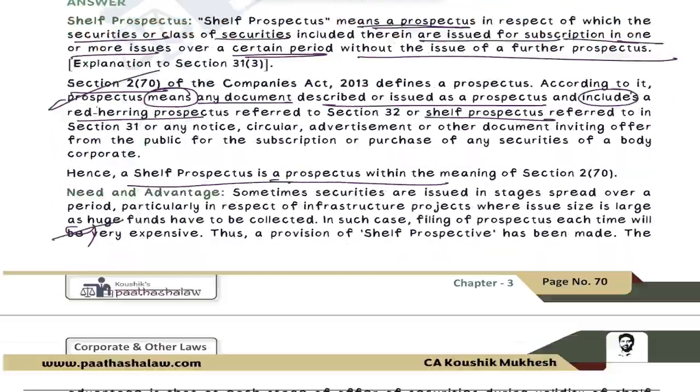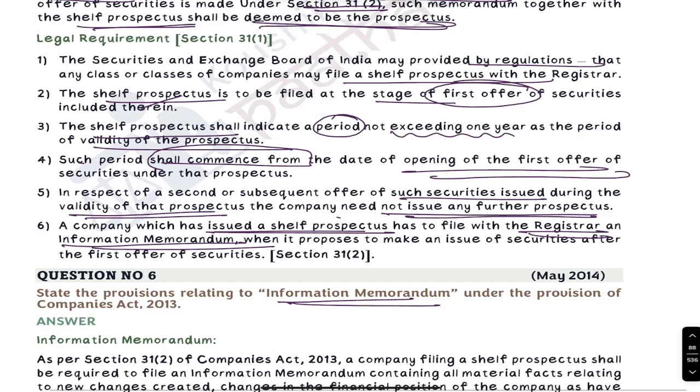Next, after that, then you have to write down these points. These 6 points are must-write points in the exam.